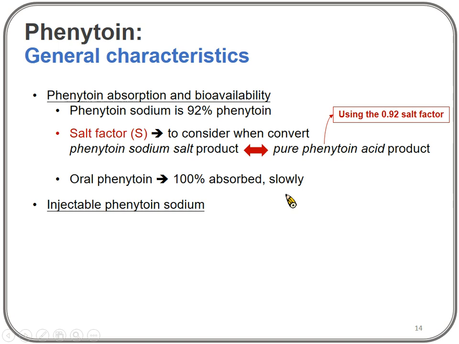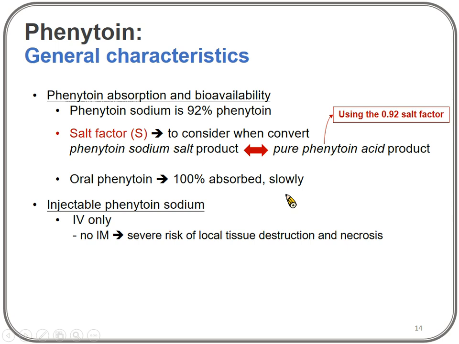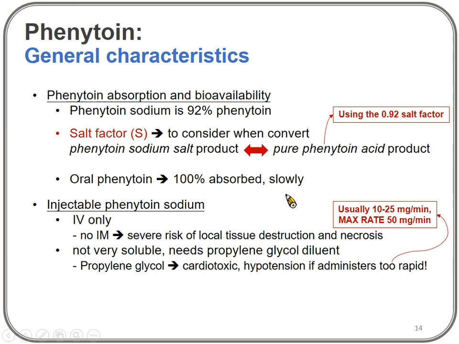However, if it is in the injectable IV form, first remember the administration route is intravenous only. It cannot be given intramuscularly, because it would cause severe risk of local tissue destruction or necrosis. Also phenytoin itself does not have good solubility, so it needs propylene glycol as the diluent. However, this propylene glycol has its downside as cardiotoxic.